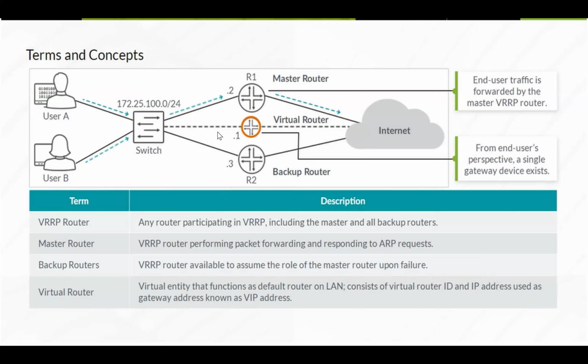So if we consider VRRP here, when we configure VRRP in router 1 and router 2, there will be another router as a virtual router.